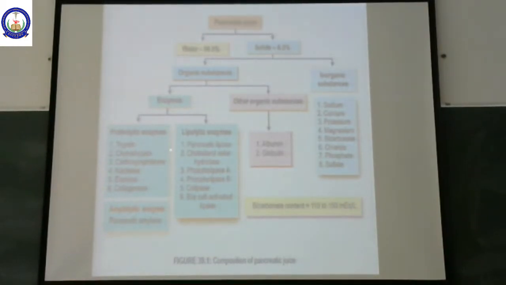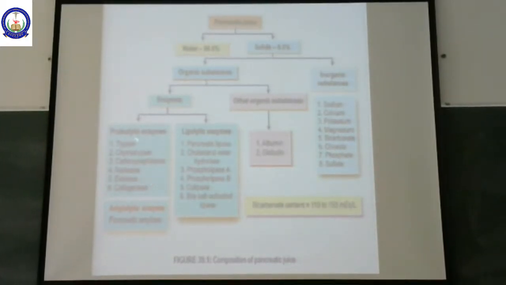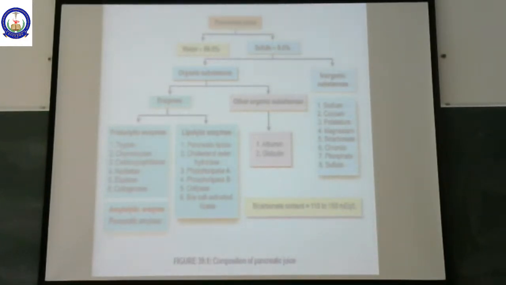So, what are the different proteolytic enzymes? They are trypsin, chymotrypsin, carboxypeptidase, nuclease, elastase and collagenase. I repeat, you can note it down. The different proteolytic enzymes present in the pancreatic juice are trypsin, chymotrypsin, carboxypeptidases, nucleases, elastases and collagenase.